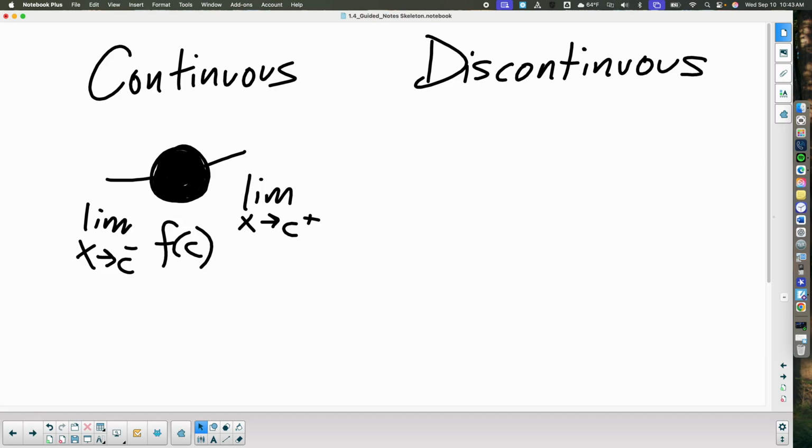And so if we're working with a continuous function and we're asked to find the limit at a random number, well, that number's function value is identical to the limit from both sides. So if you have a continuous function, all of these answers are the same. And so the easiest route is to just put the number into the function and find the answer.